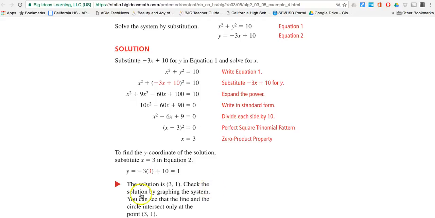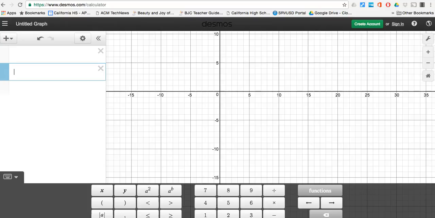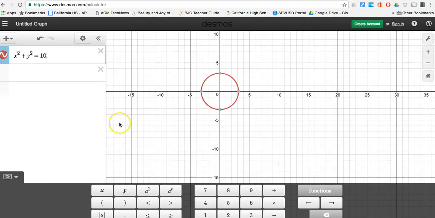Now we want to check this by graphing the system. So I'm actually just going to pull up Desmos. And if you remember, our first equation was x squared plus y squared equals 10. And you'll see that's a circle right here.